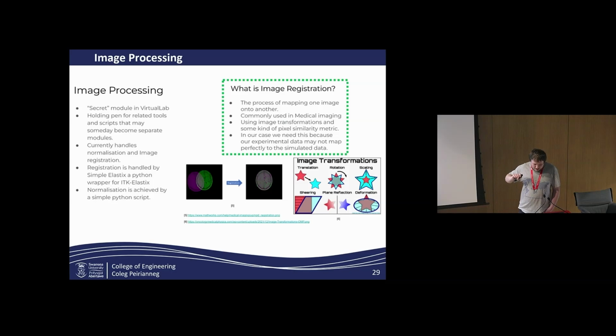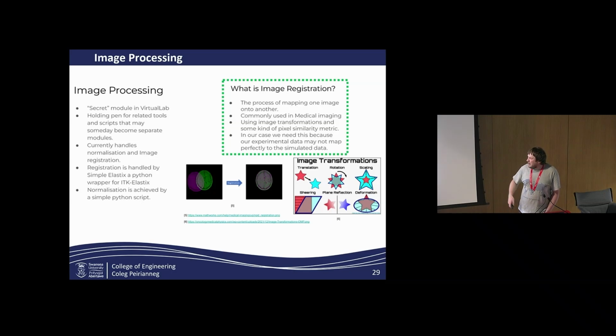So, last step then. This is the image processing stuff that I talked about. This is my secret module, as it were. It's basically a holding pen for tools related to image processing. In this case, we've got things like normalization tools because we need those for the experimental data we're using. We've also got registration tools. I don't think I mentioned registration much in this talk. Anyone who wants to know, registration is how you map one image onto another when they've got different geometries.